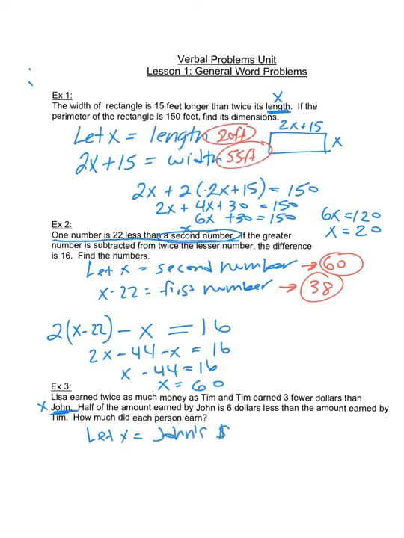Then Tim earned 3 fewer dollars than John. So if I work my way back in the sentence to get Tim's let statement, I'm going to say x minus 3, because Tim earned 3 less than John. And then Lisa earned twice as much money as Tim. So Lisa is 2 times whatever Tim was: 2 times x minus 3 equals Lisa's amount of money.